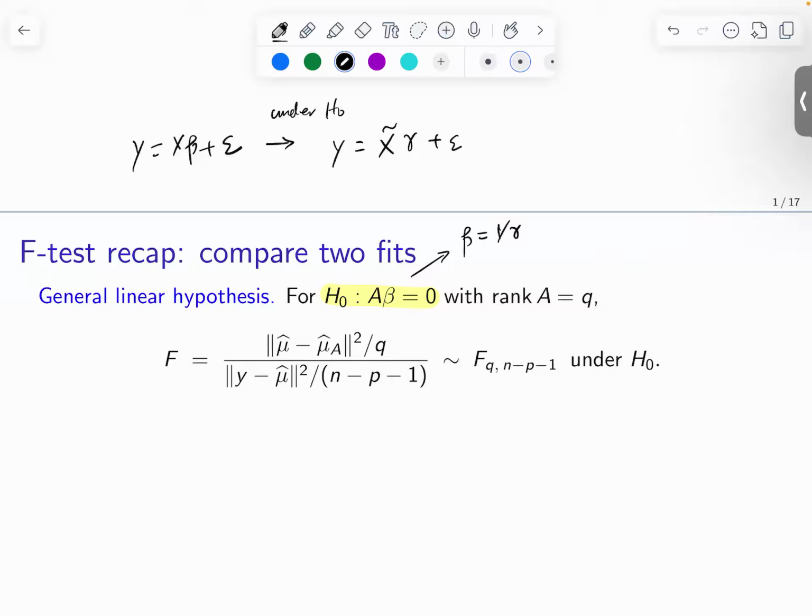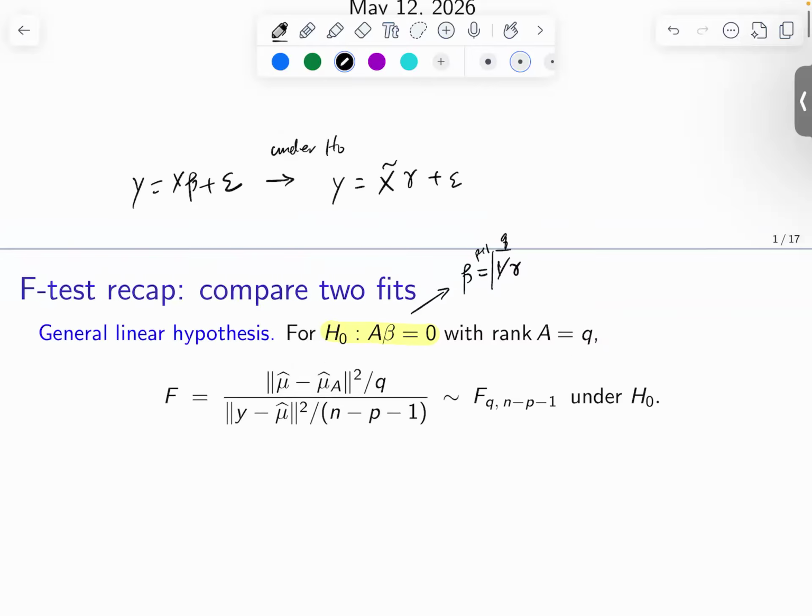If you can write it in this way, there's no restrictions on the new parameters gamma. And if you have q constraints, the size here would be p plus 1 by q, if you have q independent constraints.